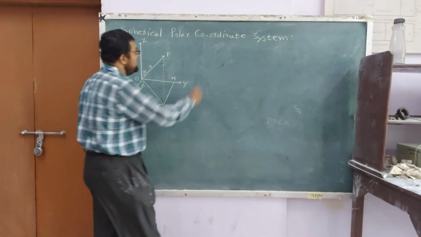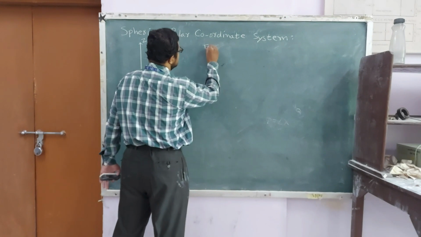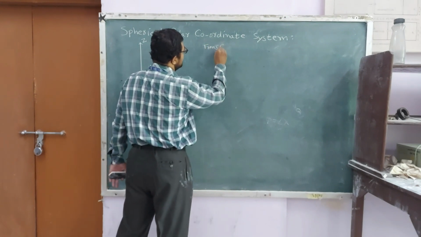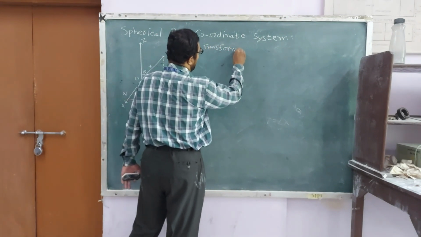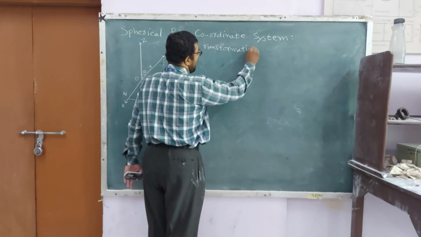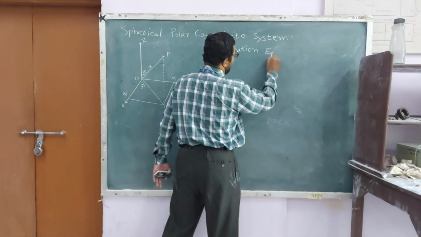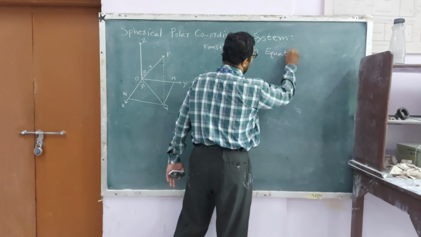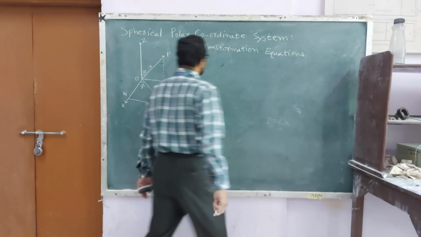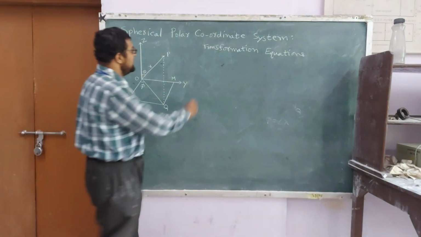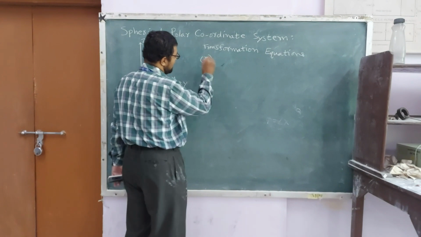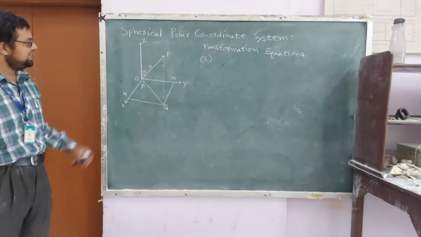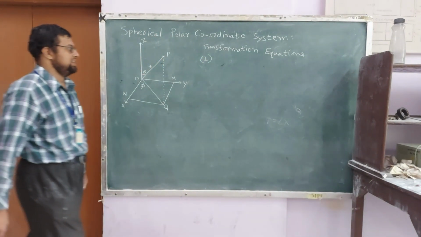So I will write down here. Now we shall consider the transformation equations. So first thing we will consider the Cartesian coordinates in terms of spherical polar coordinates.